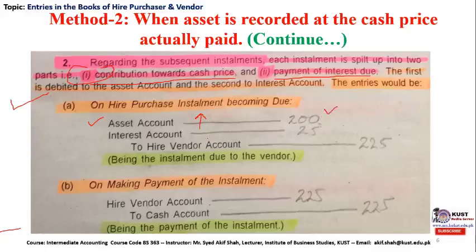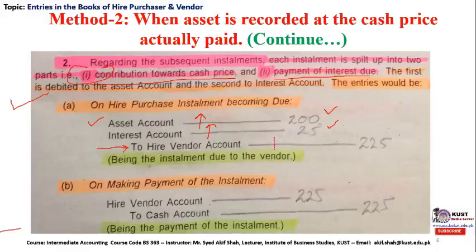And then the hire purchaser will have to record the interest expense entry, and since there is an increase in the expense account of the hire purchaser, it is recorded as debit. For the credit entry, the hire purchaser will increase the liability account of the vendor in its books of account with the title of hire vendor account.